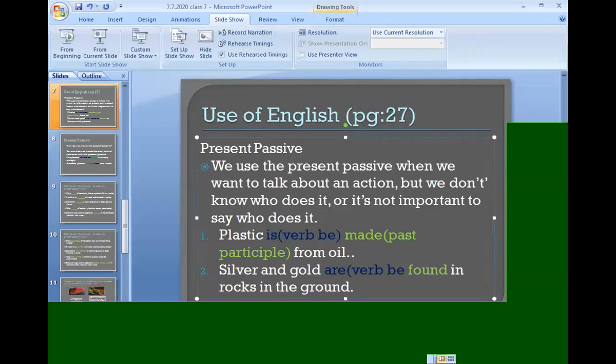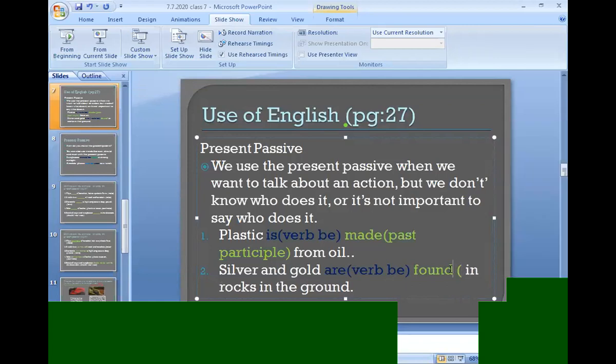Yes, are. Good. And what is the past participle? Found. Yes. This I have written for you also.